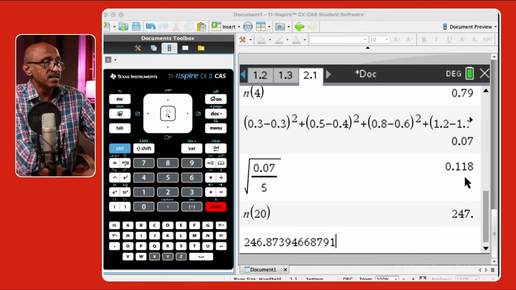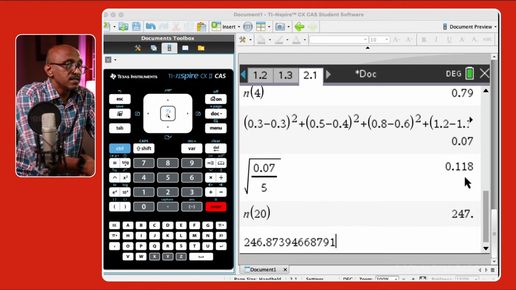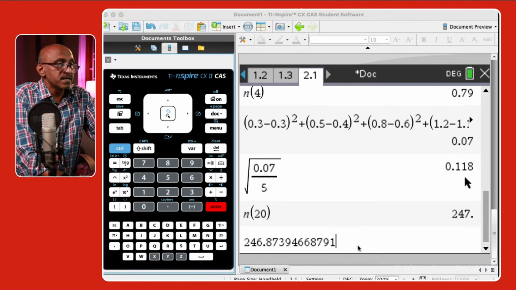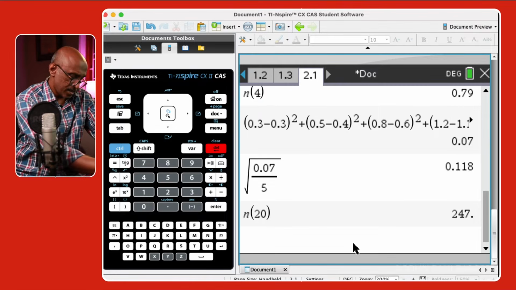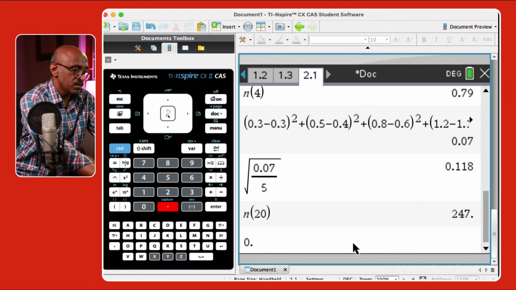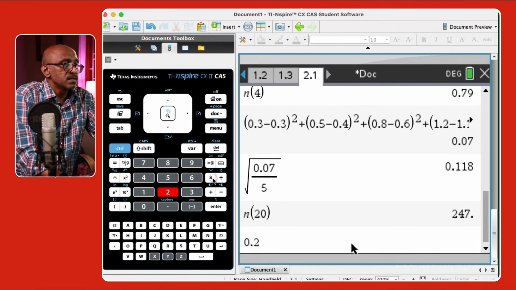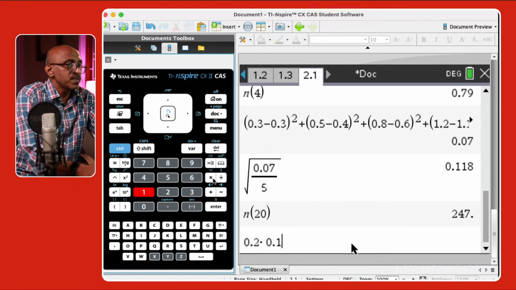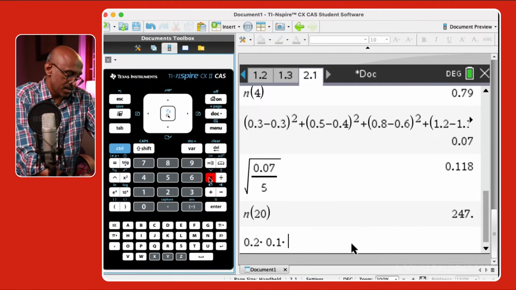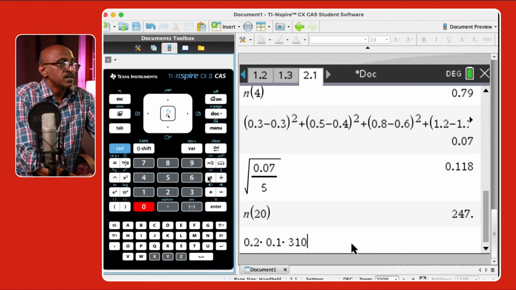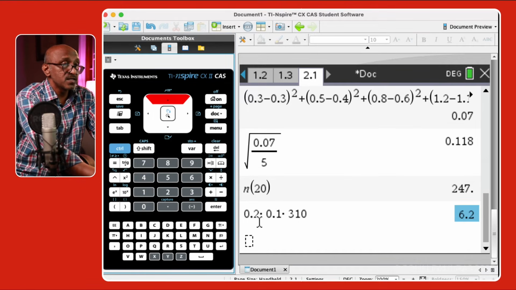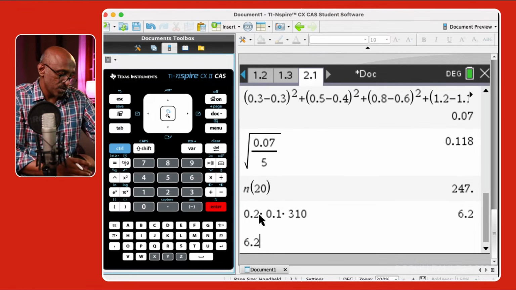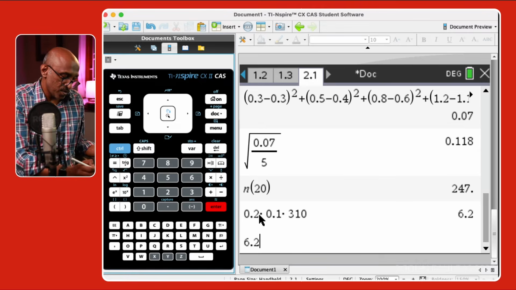Let me clear this, and then 0.2 times 0.1. You might be wondering why he is multiplying these two numbers with that 310. I'm making a lot of errors. 6.2, let's just check that. Okay, it's 6.2. So we got 6.2 in the numerator.